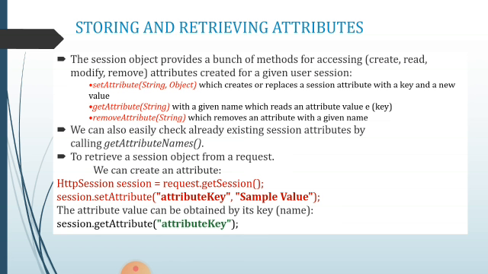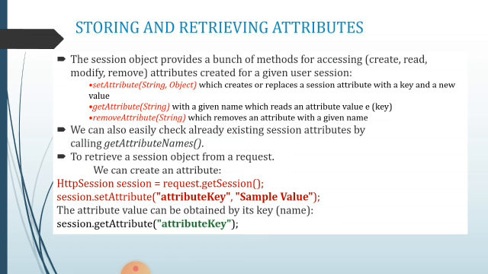Okay, setAttribute(String, Object) creates or replaces a session attribute with a key and a new value. So setAttribute is a method, then getAttribute, removeAttribute. getAttribute, with a given name, reads an attribute value. And then finally removeAttribute removes an attribute with a given name.